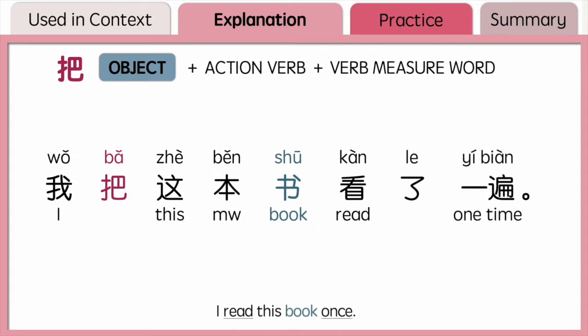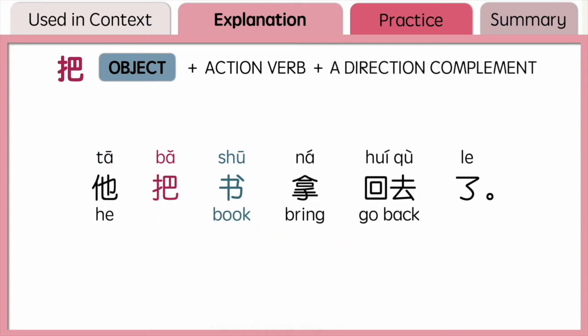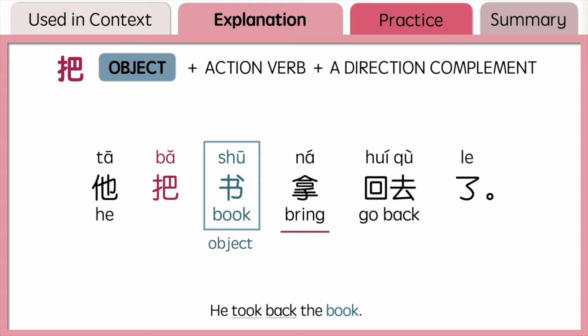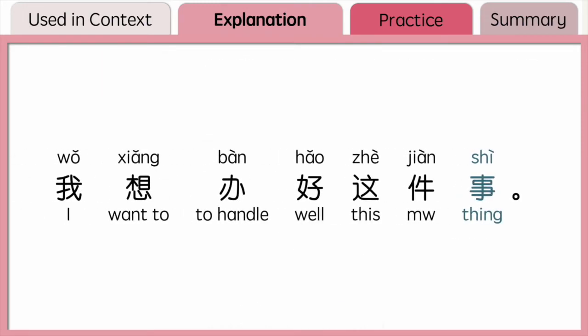You can also replace the result complement with a verb measure word 一遍 after the action verb to express I read this book once. 我把这本书看了一遍 You can also put a direction complement 回去 after the action verb 拿 to express he took back the book. 他把书拿回去了。我想办好这件事。I want to handle this thing well.